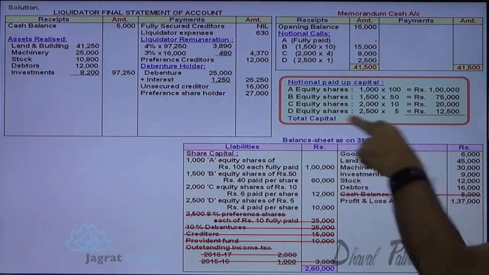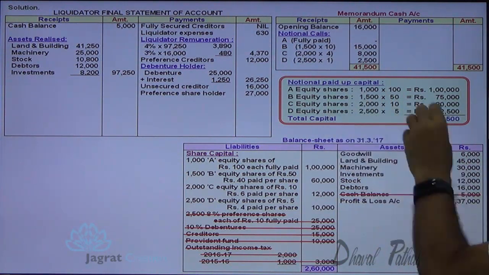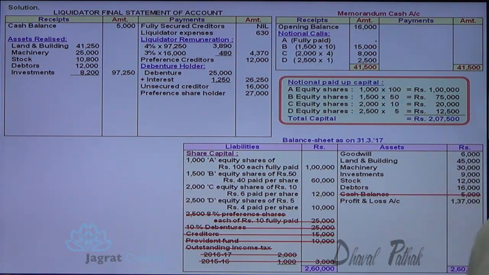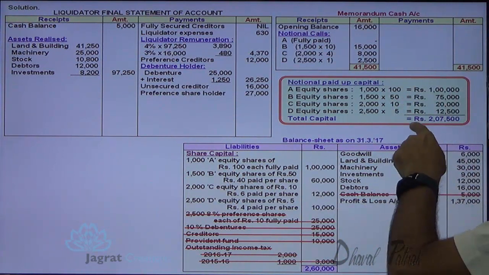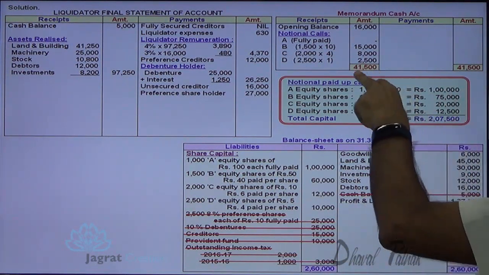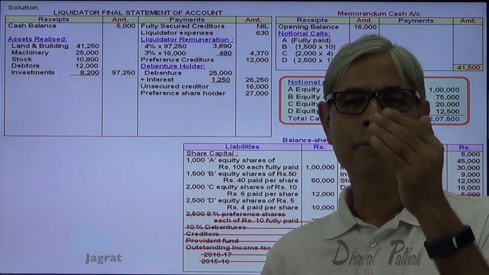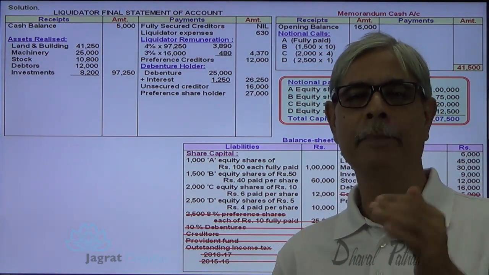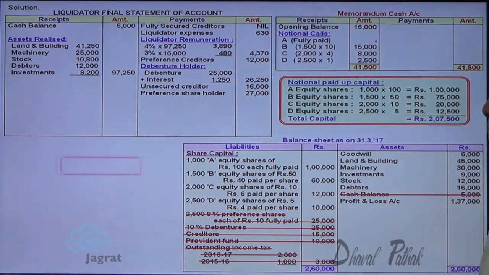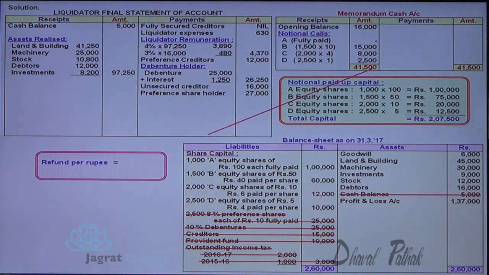So total capital is 2,07,500. Now this total capital 2,07,500, they are entitled to have 41,500 proportionately, equitably, pari passu. So let me find out the refund per rupee of capital.